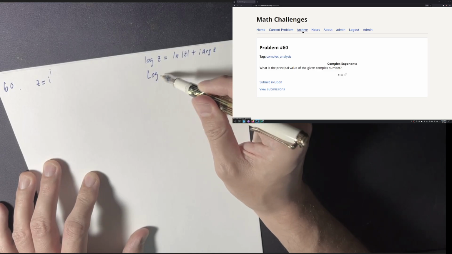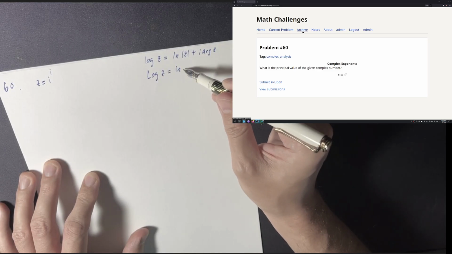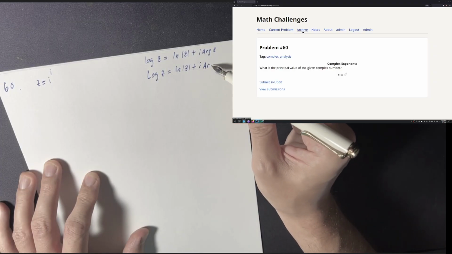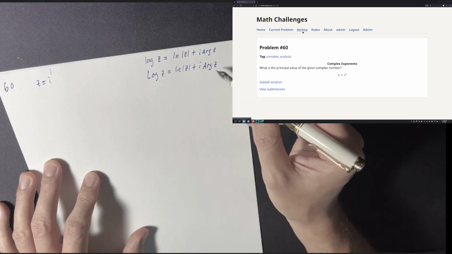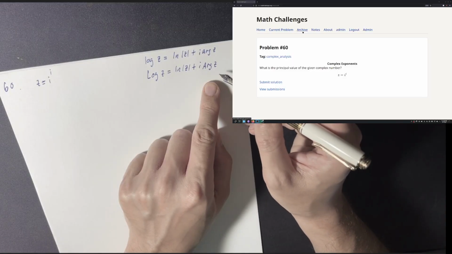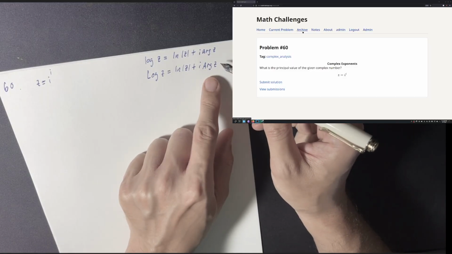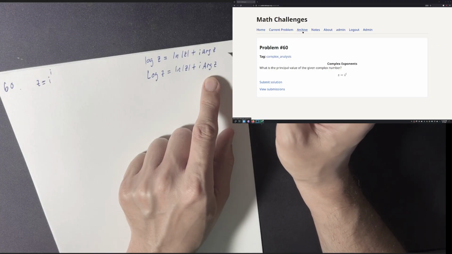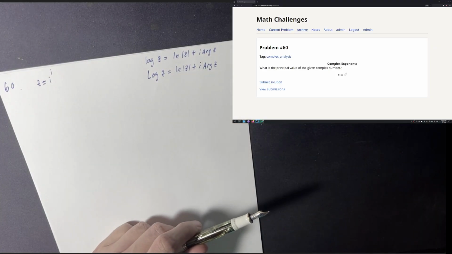So these are basically saying the same thing, except that the capital version is a single valued function. So that's your principal value, and this argument of z is the angle that you would get for theta, except that this is restricted to negative pi to pi. This one is basically just capital A plus 2 pi k, where k can be any integer at all.